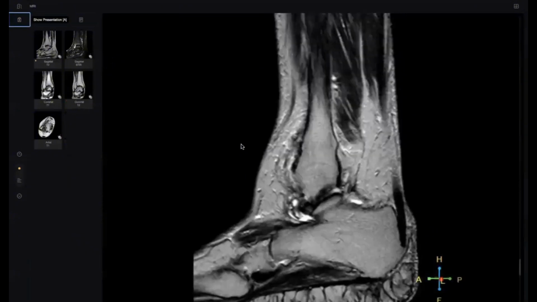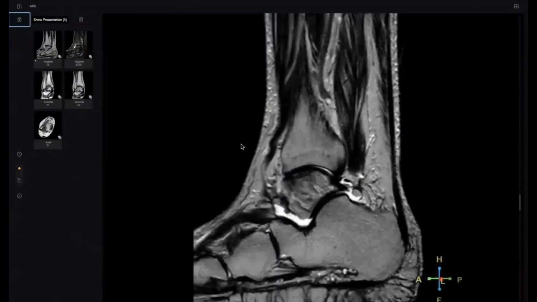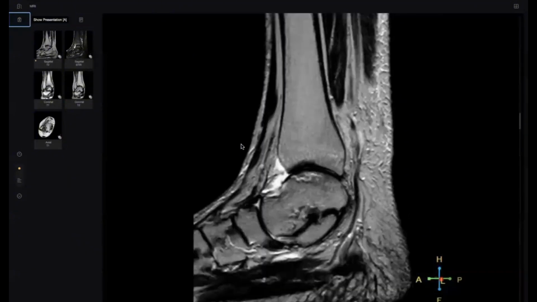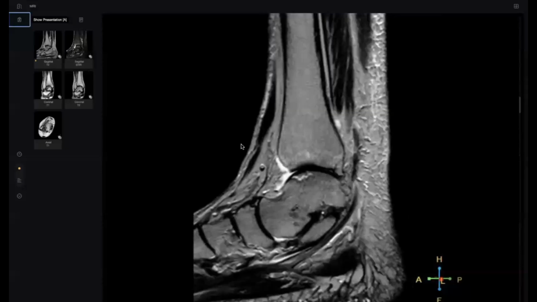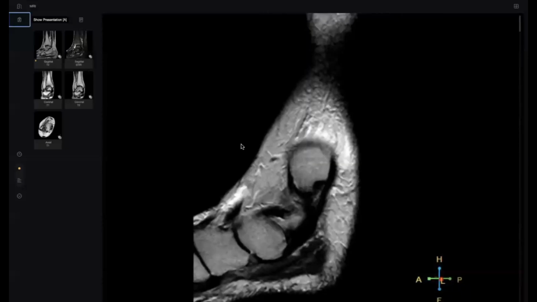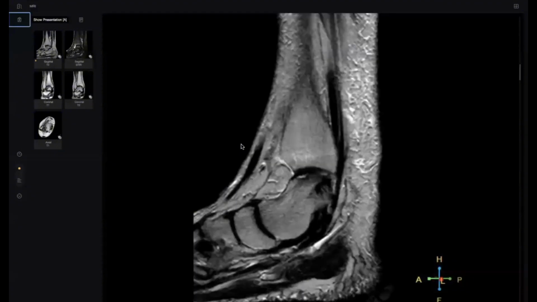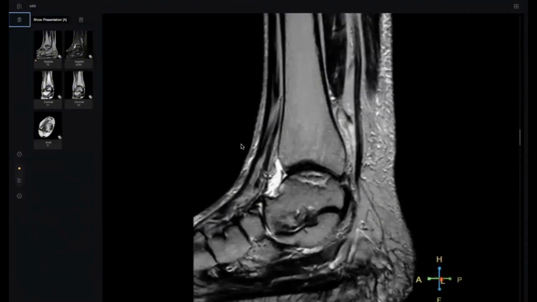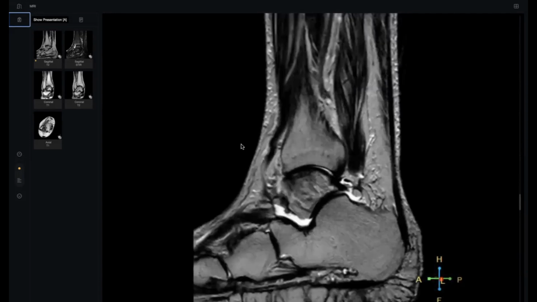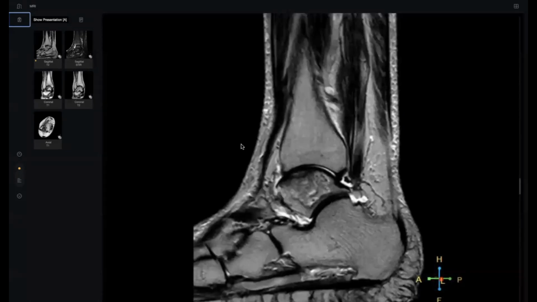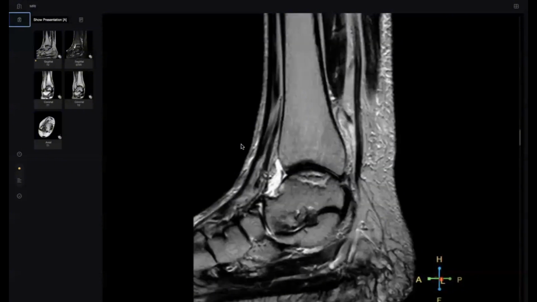Okay. This patient has ankle pain. I have been presented with the MRI surgical sequence for another patient with history of ankle pain. I will go through my images and then I'll come back to my findings. I can see that there is abnormality noticed within the talus bone, more specifically within the apex of the talus bone.